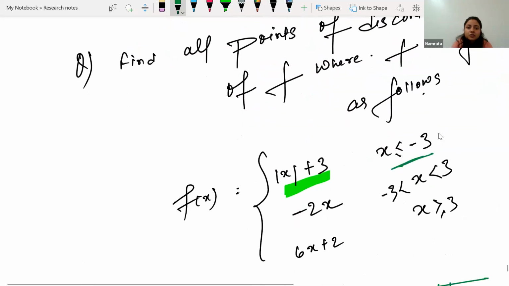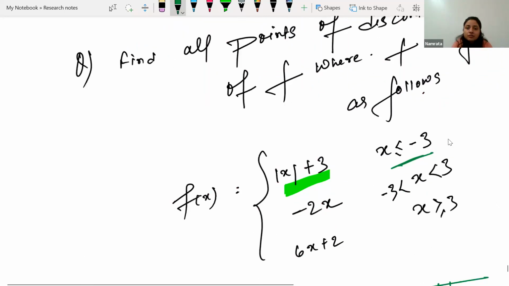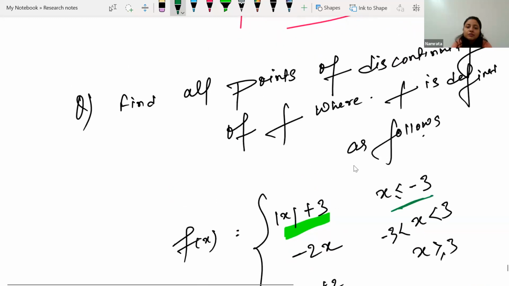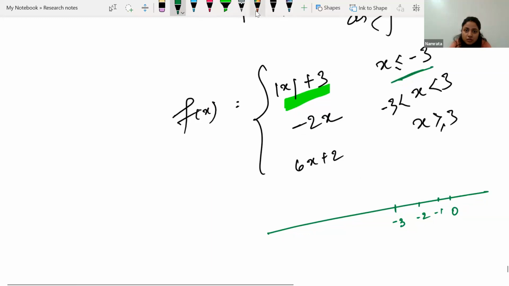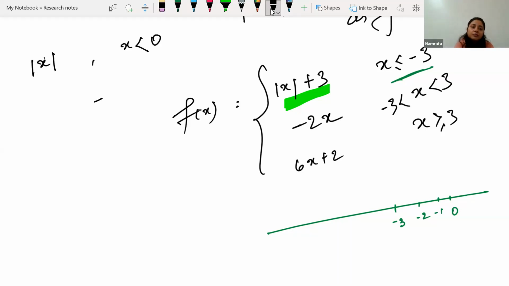All right. So we have this question and we are checking what are the points of discontinuity. Now we can take this function. Yes, it will be negative, because we are saying that x is smaller than or equal to negative 3. x is a negative number. Whenever we talk about the modulus function and x is smaller than 0, it will give minus x as the result.